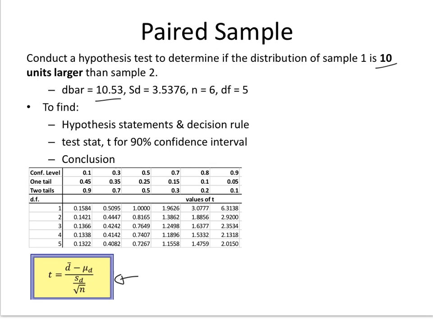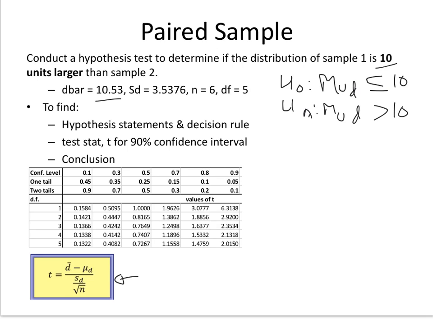But here, when we get to the hypothesis statements for this problem, you'll see we have a value to put in there, which is this 10. So our hypothesis statements are: the null is that mu of d, or mu of the difference, is less than or equal to 10, and the alternative is that mu of the difference is greater than 10.